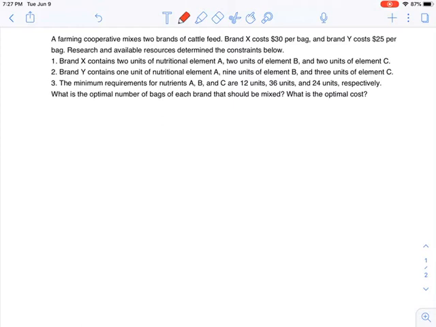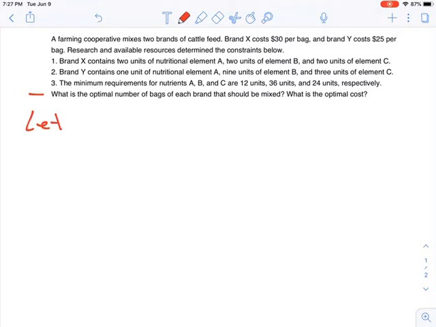Well, I like to go to the very last line. What is the optimal number of bags for each brand that should be mixed? What is the optimal cost? So we have brands. So we have brand X and we have brand Y. Well, that makes it kind of easy.